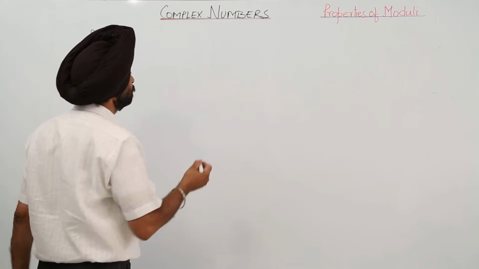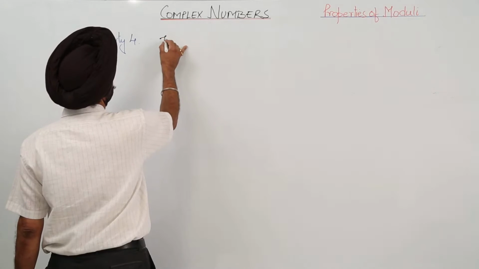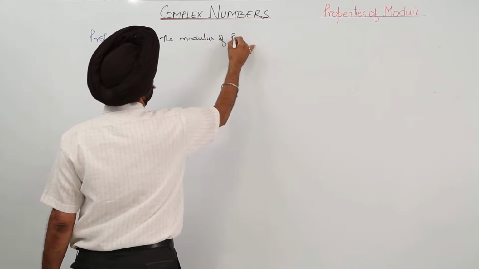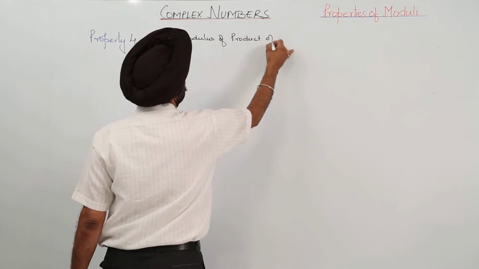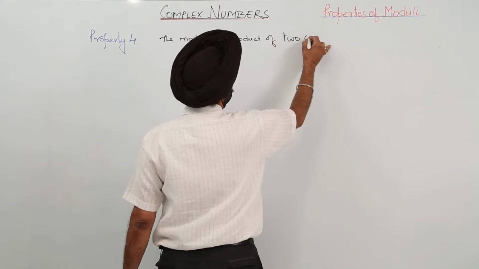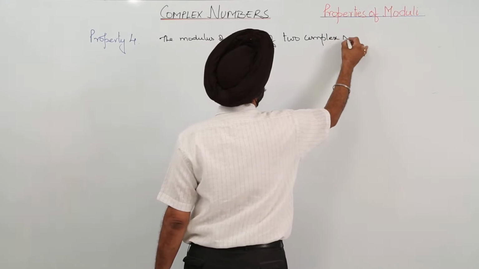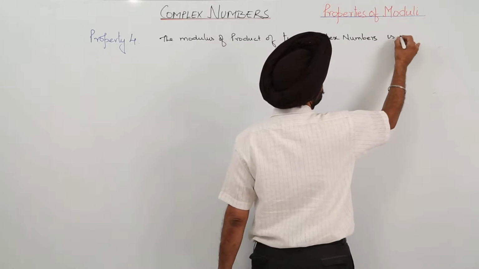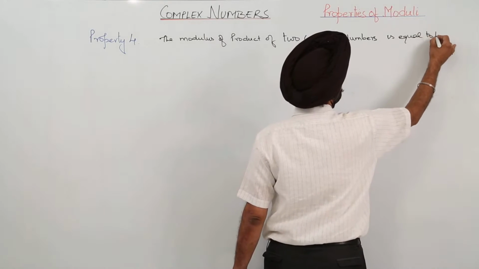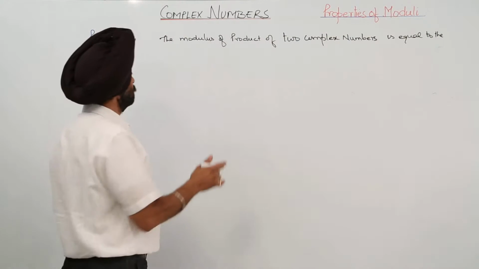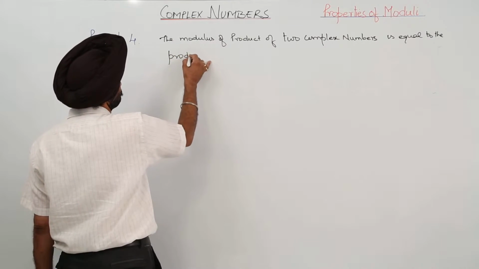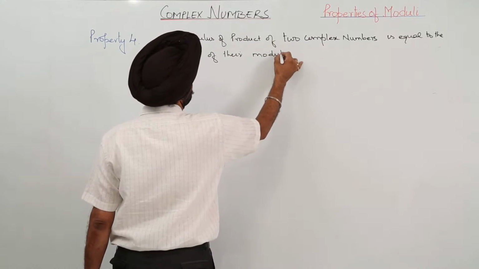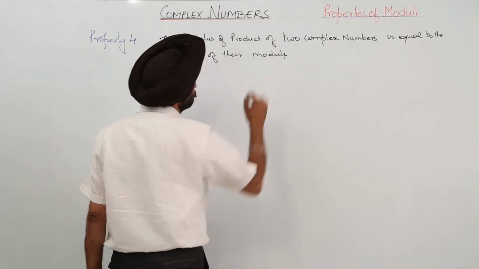Property 4, for the properties of the moduli we are having: the modulus of the product of two complex numbers is equal to the product of their moduli.